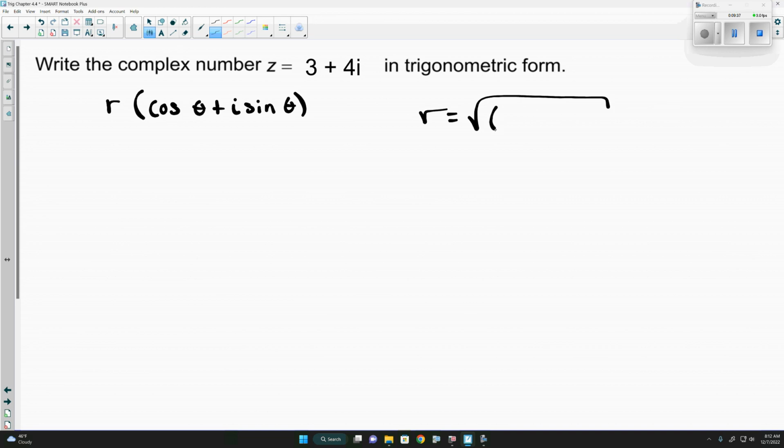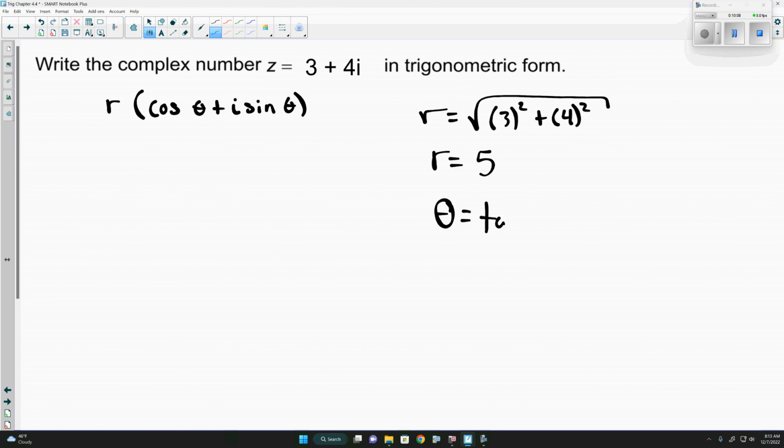So in our case, it would be 3 squared plus 4 squared. Pythagorean triple. 3 squared is 9, 4 squared is 16, 9 and 16 is 25. Square root of 25 is 5.